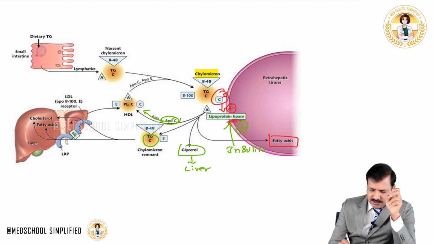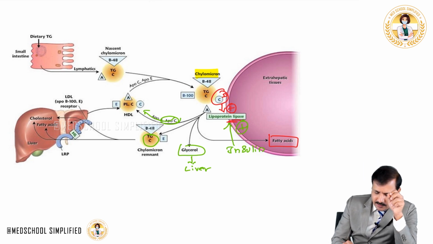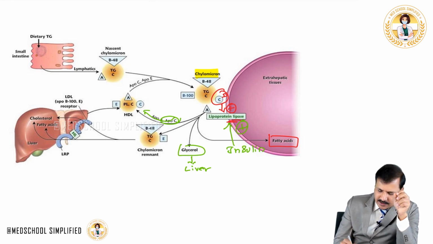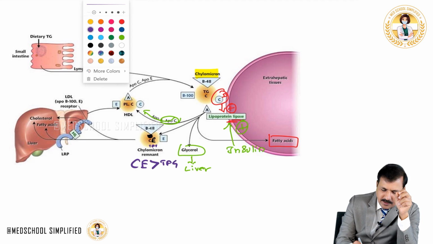Now what is present over the chylomicron is only Apo E. And when it comes to the lipid content, let me modify it here. The lipid content will be more of cholesterol ester and very little triacylglycerol. So cholesterol ester is much more than triacylglycerol here.